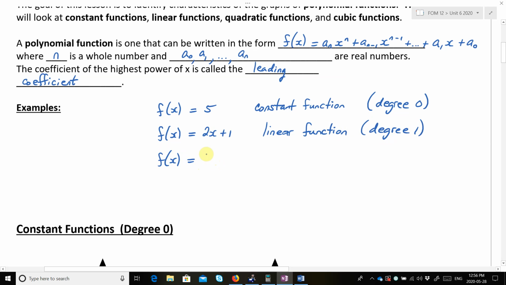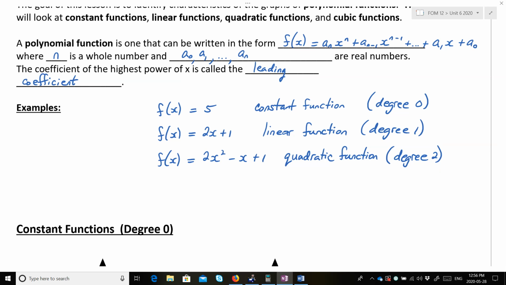Next one on the list is, say, something like this. 2x squared minus x plus 1. This is called a quadratic function. And it is of degree 2 because the highest power of x is x to the 2. So notice, guys, that a polynomial function really is a bunch of powers of x terms added or subtracted together.